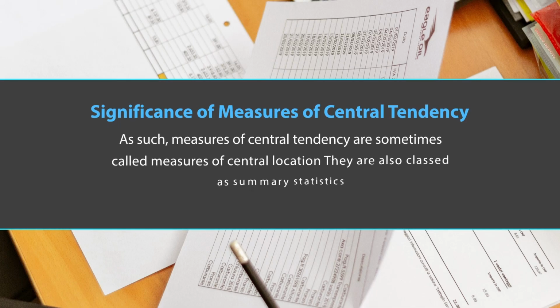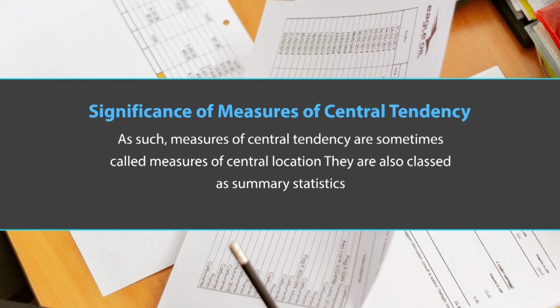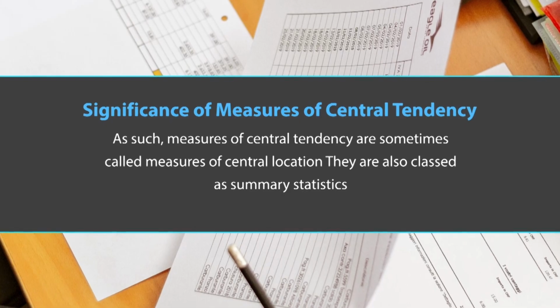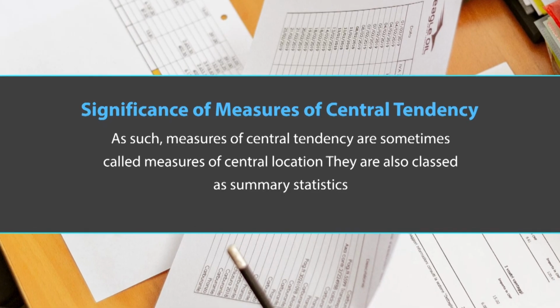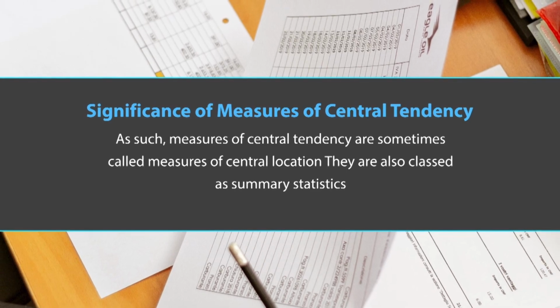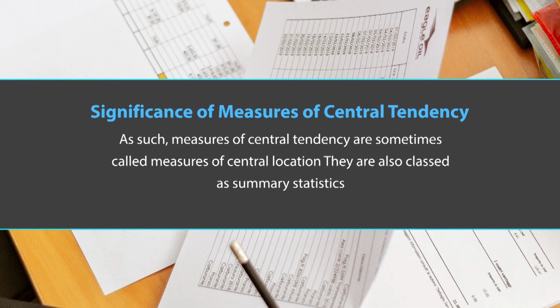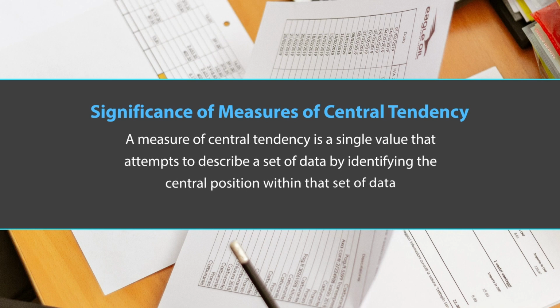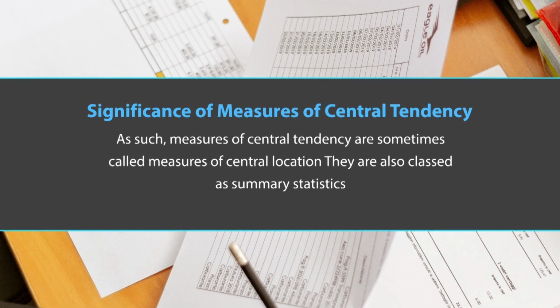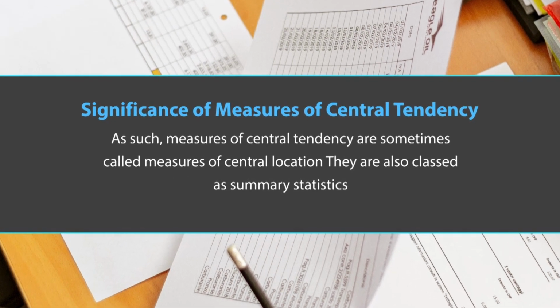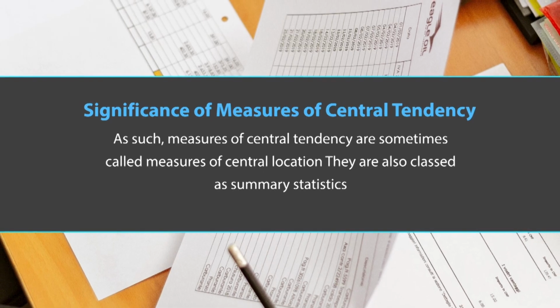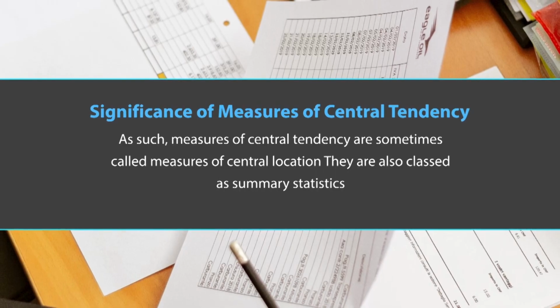As such, measures of central tendency are sometimes called measures of central location. They are also classified as summary statistics. A measure of central tendency is a single value that attempts to describe a set of data by identifying the central position within that set of data.